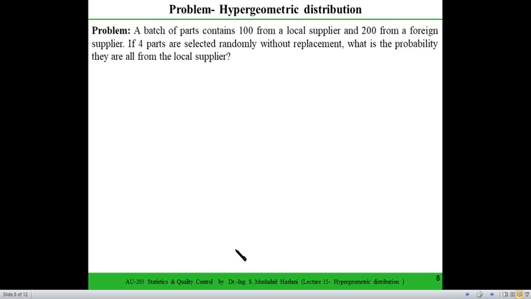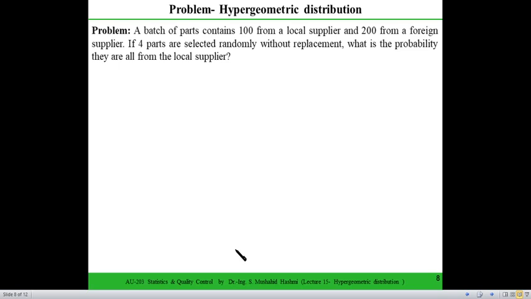So for example, you have a batch of 100 parts taken from a local supplier and 200 from a foreign supplier. Altogether your population comprises 300 parts. You pick 4 parts without replacement. This keyword clearly indicates that without replacement means your probability doesn't remain the same, so you cannot use the binomial distribution.